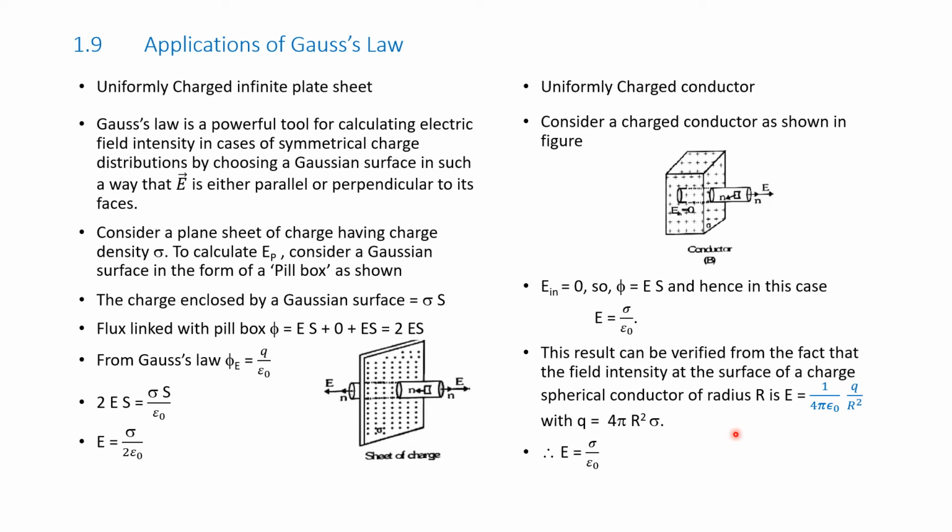You put q is equal to 4 pi r square sigma here, and this 4 pi and this 4 pi get cancelled. In the numerator, if you put 4 pi r square sigma, r square gets cancelled, 4 pi gets cancelled, only epsilon naught remains. Therefore, E is equal to sigma by epsilon naught.